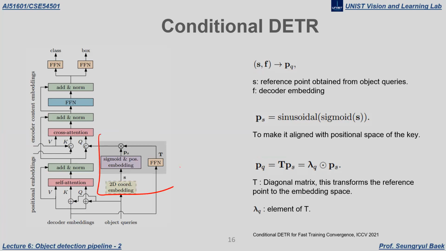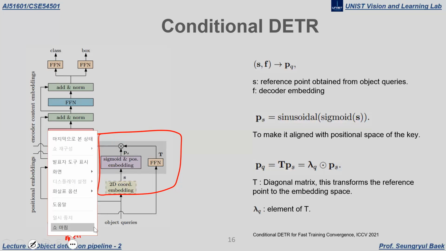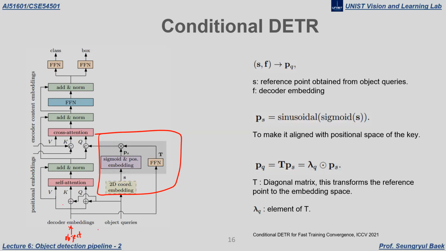And the spatial part is obtained like this. The decoder embeddings are obtained from the object queries by using a self-attention mechanism, and we have a separate module for obtaining these spatial embeddings. First we infer the 2D coordinate.